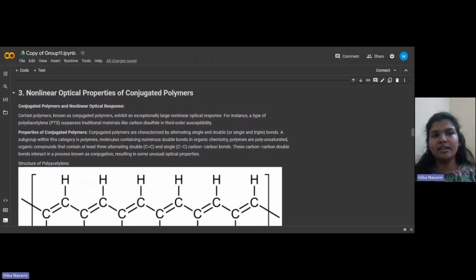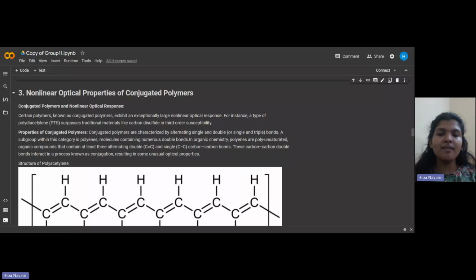And now we will discuss another topic, which is the nonlinear optical properties of conjugated polymers. First of all, what are conjugated polymers? They are organic compounds, polyunsaturated organic compounds, which means they have the presence of a double bond, and we have at least more than one carbon, and they contain at least 3 alternating single bond and double bond.